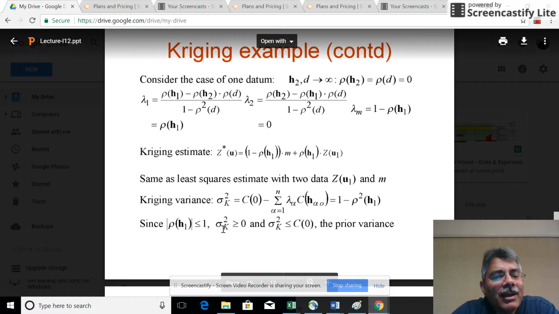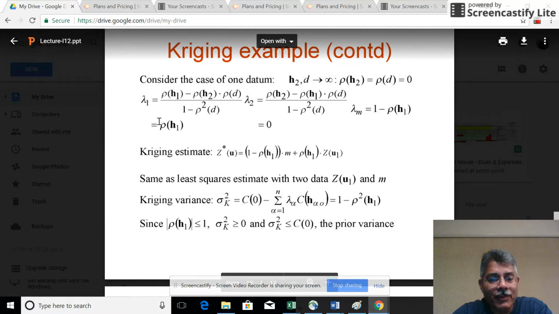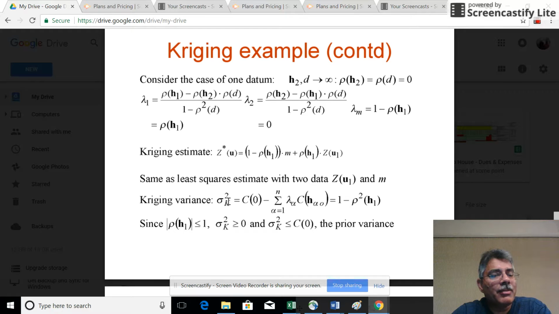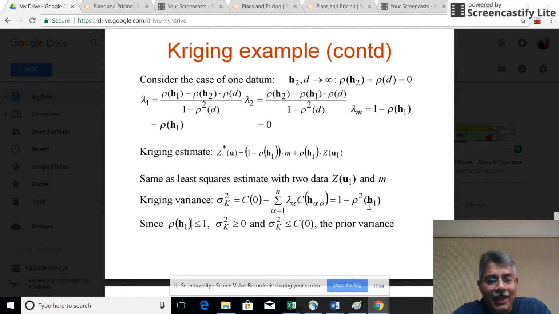And furthermore, if I go to this Kriging variance expression, C0 minus summation of lambda alpha C h alpha 0, and I substitute what the lambda alpha was, which is rho h1 for one data point and 0 for the other data point, I will get sigma squared equal to 1 minus rho squared h1. And rho squared h1, for Gaussian processes, will always be less than or equal to 1.